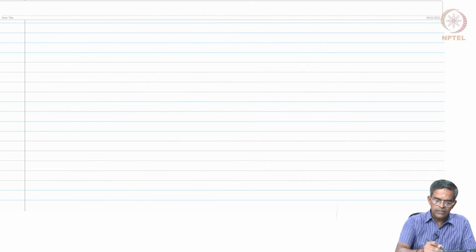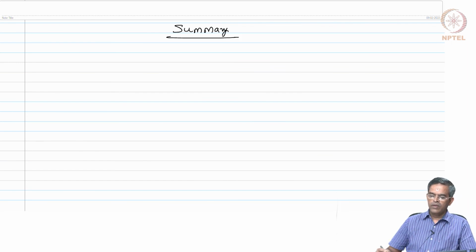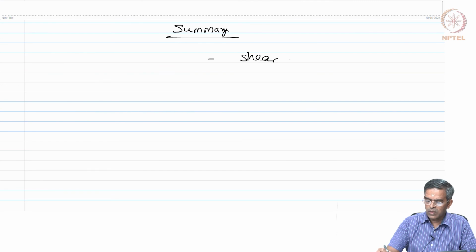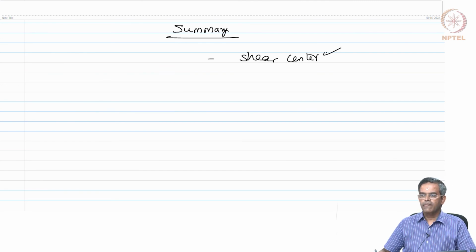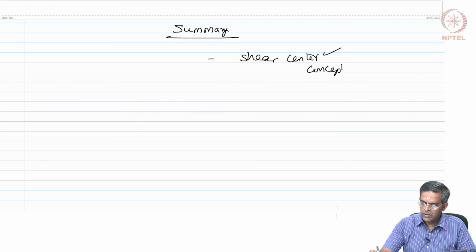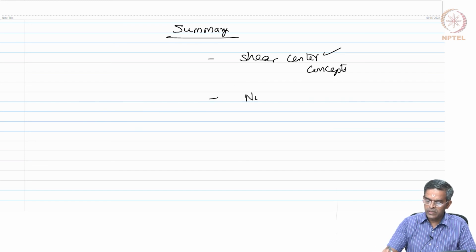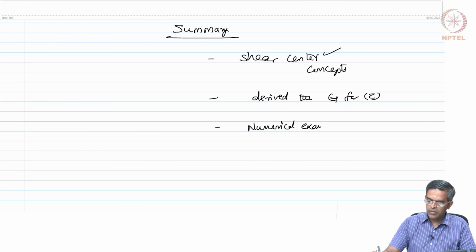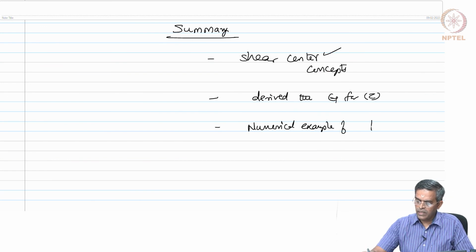Okay. Friends, in this lecture we learnt more about the concepts of shear center, we also did a numerical example. We derived the equation for shear stress, then we did a numerical example of an I section to locate the shear center.